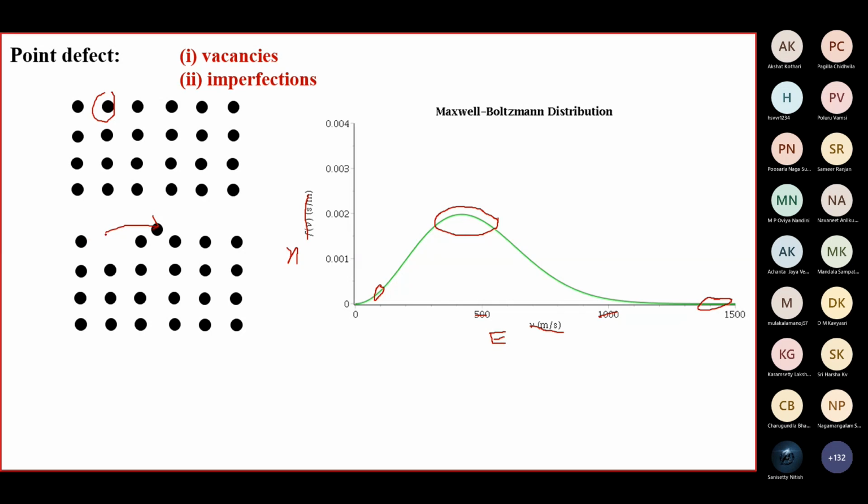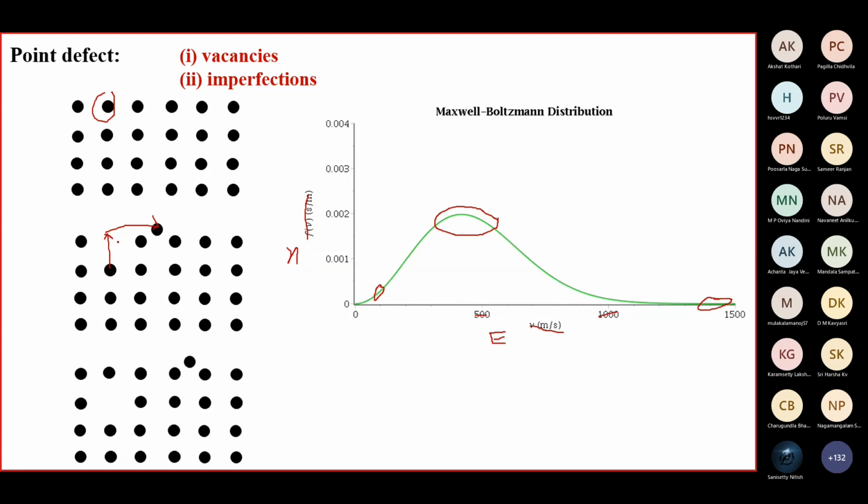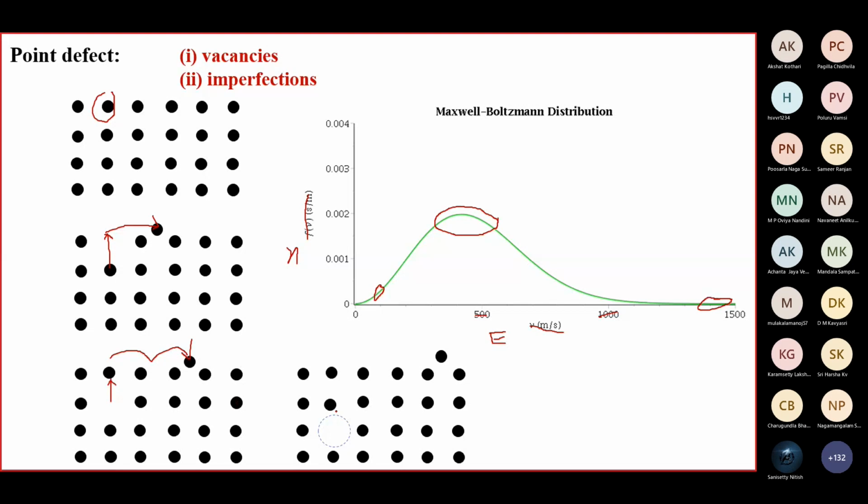Now this is a vacancy. Seeing this vacancy, this atom moves here, and this atom has moved here. From here it came here and went here. And this atom again went here.